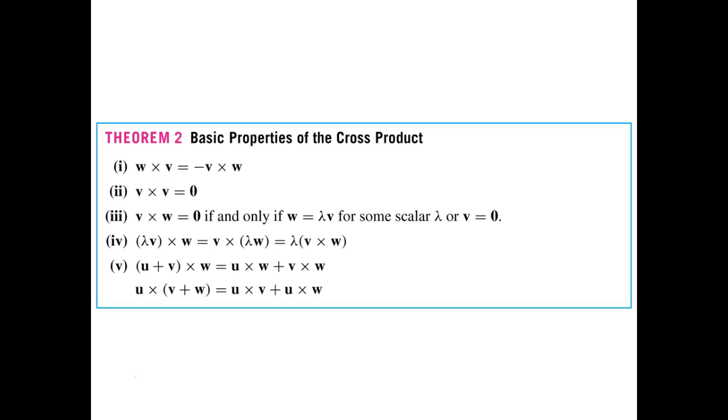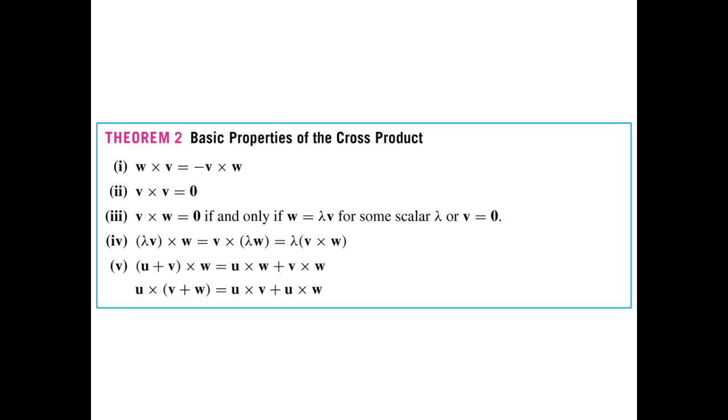Number 3, V cross W is equal to 0 if and only if W is some multiple of V, lambda being the scalar multiple, for some scalar, or V is the zero vector itself. So basically it's going back to number 2 almost.